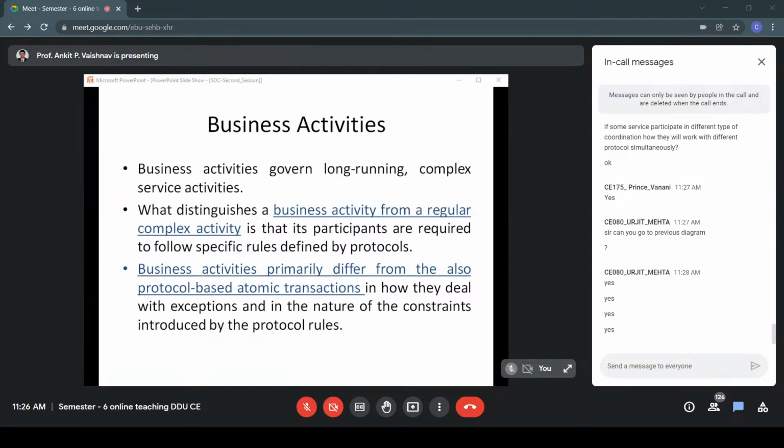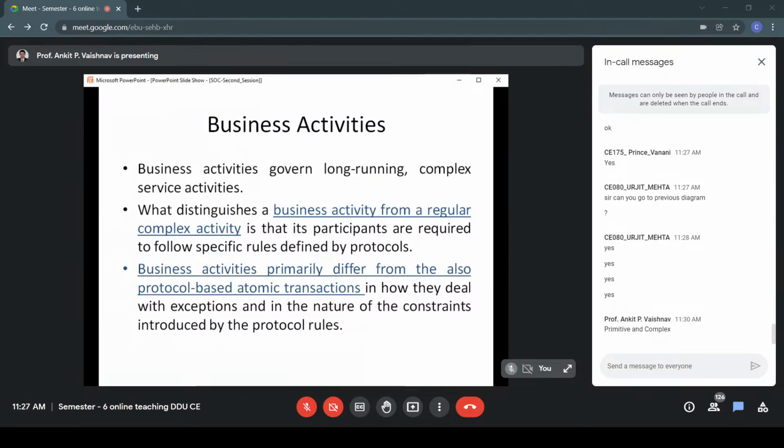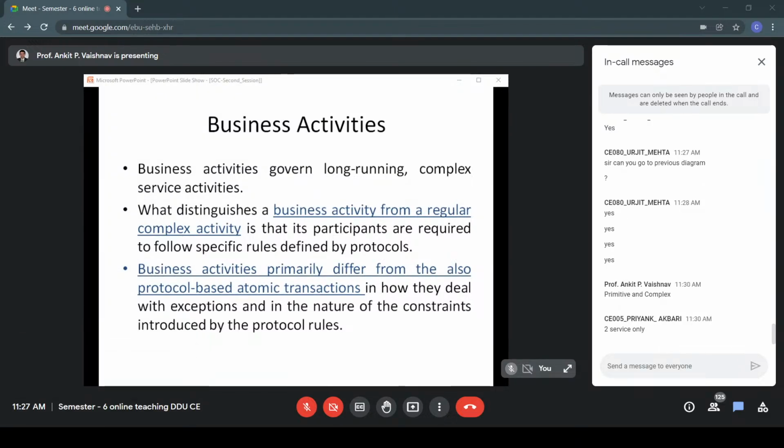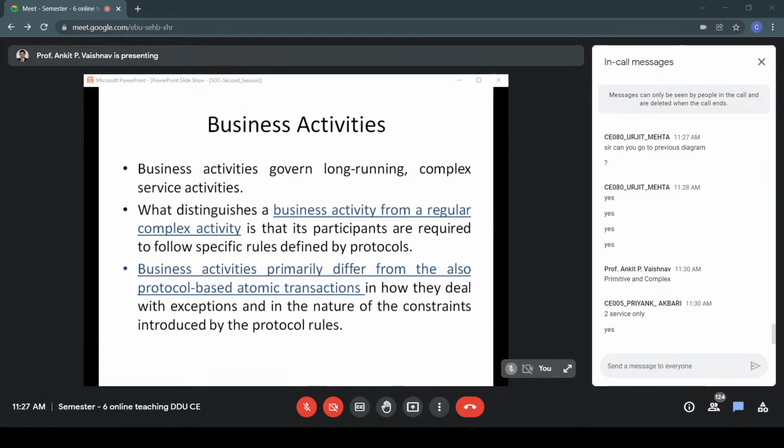Anyone remembers what was primitive activity? Yes. Primitive means you have request and response, two services only. And complex can have more than two. Am I saying that correct? Yes. But what is the difference between a business activity and a normal complex activity?